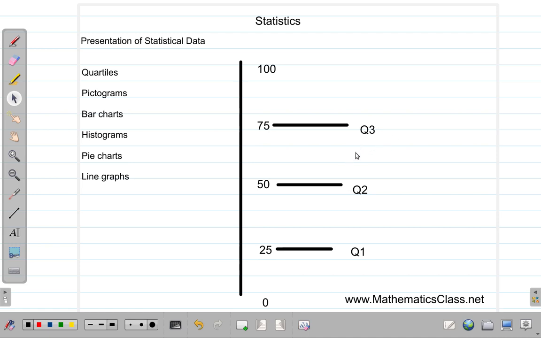What happens here is that most of the distribution will be between Q1 and Q3, and it could very well be that the numbers below 25% and the numbers above 75% are very small. So you concentrate on the numbers between 25 and 75%.